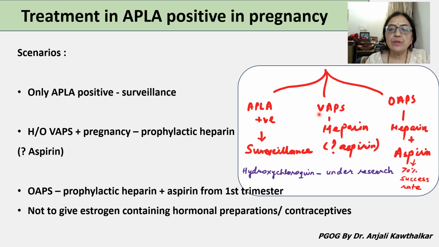If there is vascular APS, a history of arterial or venous thrombosis or presence of arterial or venous thrombosis, along with rise in antiphospholipid antibody titer, in these cases heparin is indicated and the role of aspirin is doubtful. Whereas if there is obstetric APS, then heparin along with aspirin is indicated, and this combination leads to a 70% success rate. But in 30%, in spite of giving this, there can be a pregnancy loss.